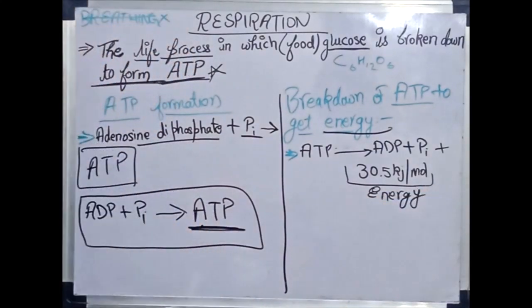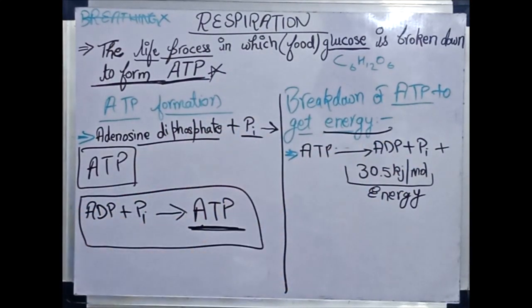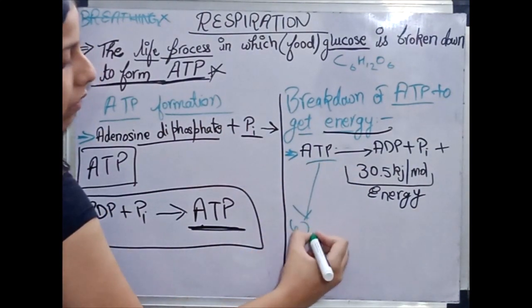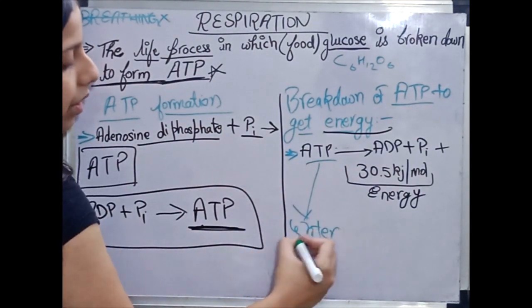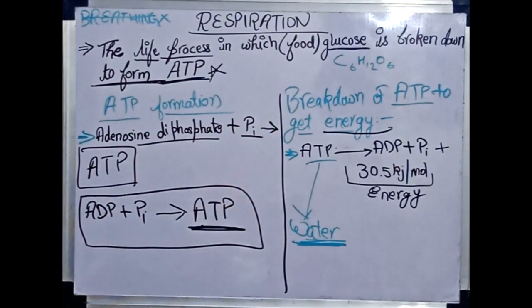We don't need to talk about the numerical, how it happened. Just remember that the breakdown of ATP gives us ADP, Pi, that is inorganic phosphorus, and energy, that is 30.5 kJ/mol. And this breakdown of ATP happens with the help of water.